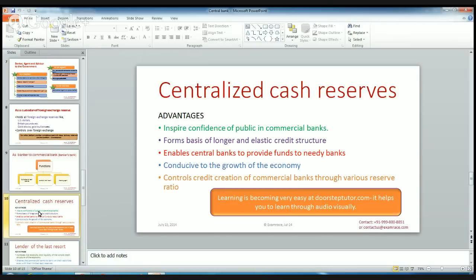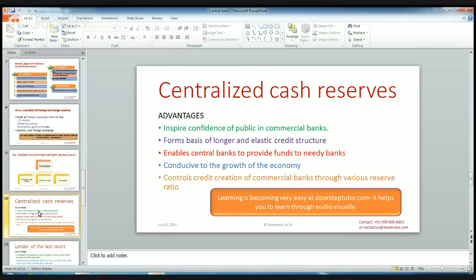It will inspire the confidence of the public in commercial banks. If some amount of money is with the central bank, then people have confidence that their money has not gone anywhere wrong. And in case of bankruptcy also, the central bank gives the money back to the commercial bank and they will pay it back. So it will inspire the confidence of the public in the commercial bank.